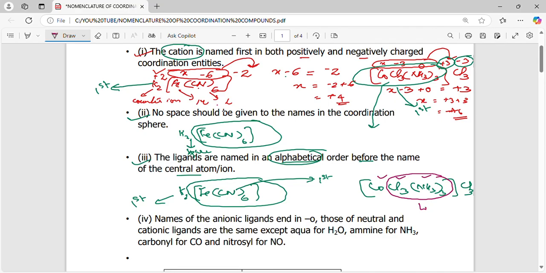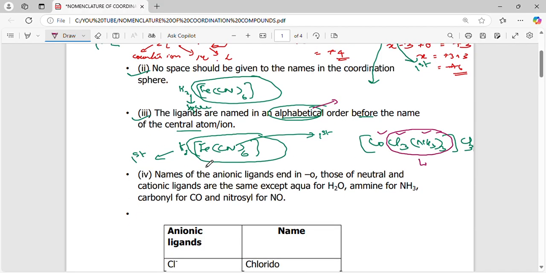There are two ligands, but because of the different names, you have to use alphabetic order. So ammonia, A comes first, then chlorine, C is later. So always you start by using alphabetic order while writing the name of the ligand. That also comes before writing the central metal atom. That is the third rule.